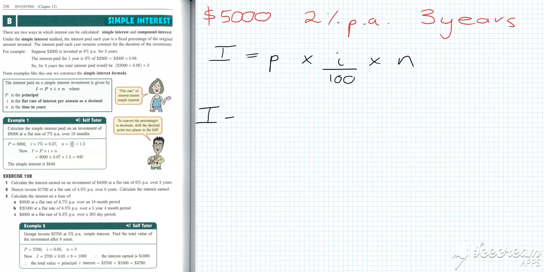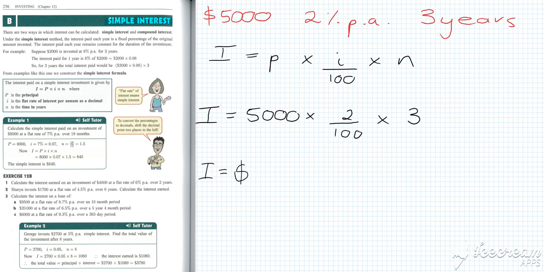So I had $5,000 to start with, I had 2 over 100 as my percentage rate, and I'm going to put it in the bank for 3 years. I can then multiply that all together on my calculator, and it's going to give me an amount.